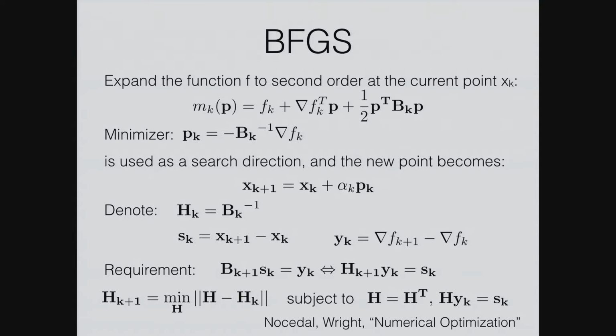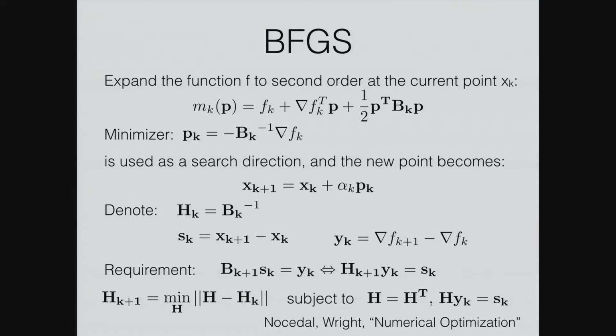So in some sense, this is similar to conjugate gradient, but the direction to move in is determined using the approximate inverse Hessian. How is this done? Let's denote the inverse Hessian by h. There's one condition that I want to satisfy.